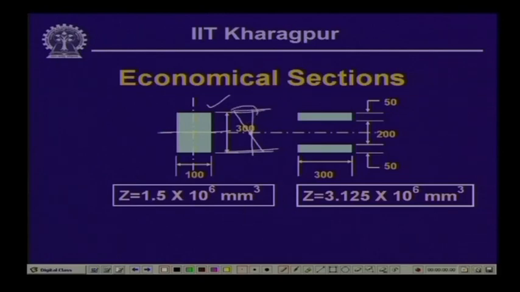So, the maximum intensity of stress occurs towards the outer fiber. So, this part of the beam near the neutral axis is not fully stressed, hence it is not utilized to the extent, and naturally it becomes uneconomical.